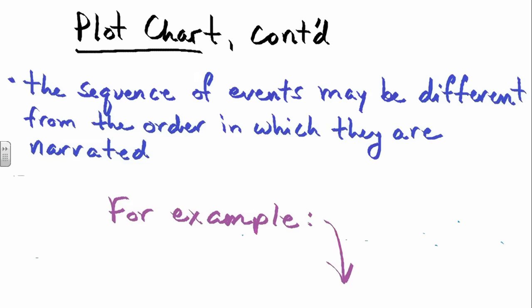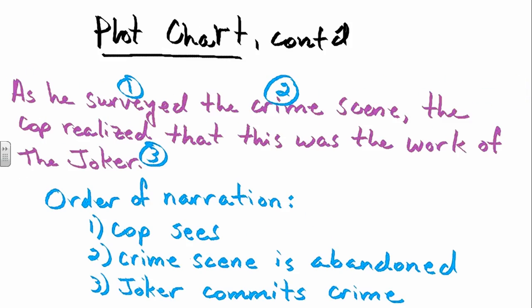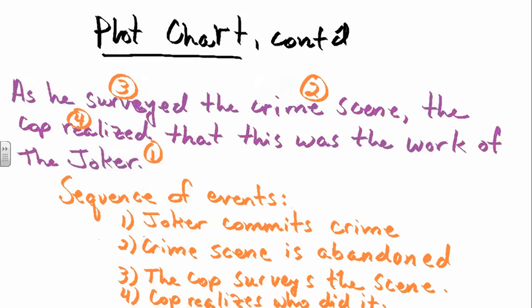Now, it's very important to know that the sequence of events may be different from the order in which they are narrated. For example, if I have this sentence here that says, as he surveyed the crime scene, the cop realized that this was the work of the Joker. The order of narration here is that the cop surveyed, he saw a crime scene that was abandoned, and he realizes that the Joker commits the crime. That's the order of narration, but the order of the events is different.